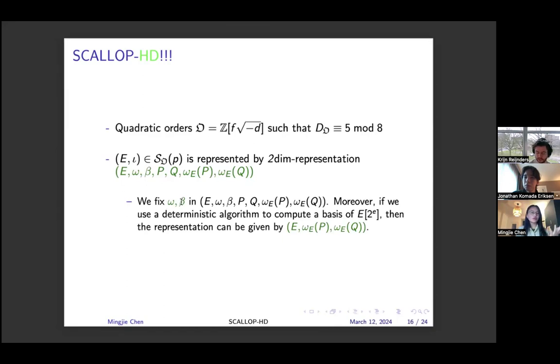In practice, we can fix omega and beta because our quadratic order is fixed. Moreover, if we use a deterministic algorithm to compute a basis of the 2 to the e torsion of E, then we don't need to always give the 2-torsion basis. So this representation can be given by E plus 2 points, which is the same shape as in SCALLOP.